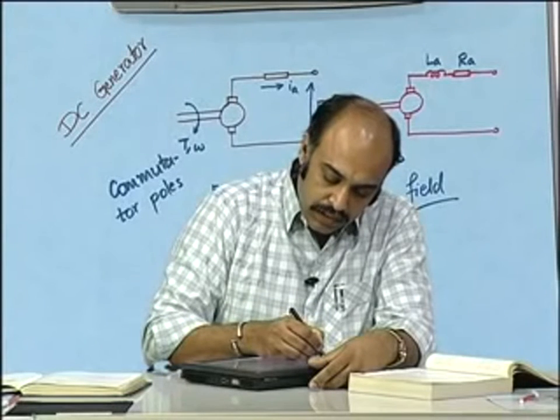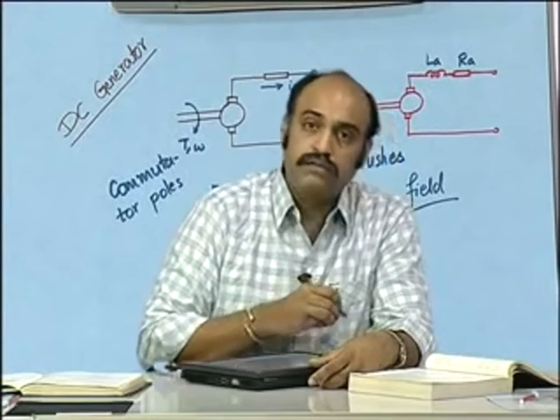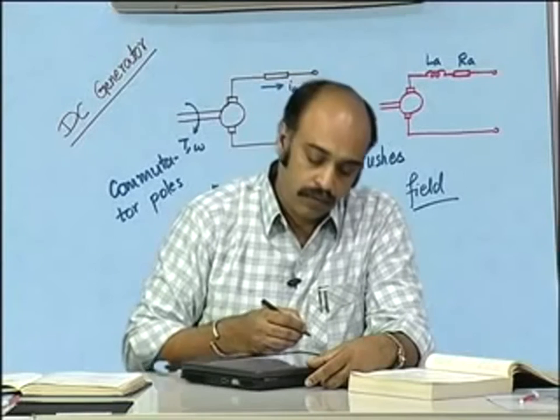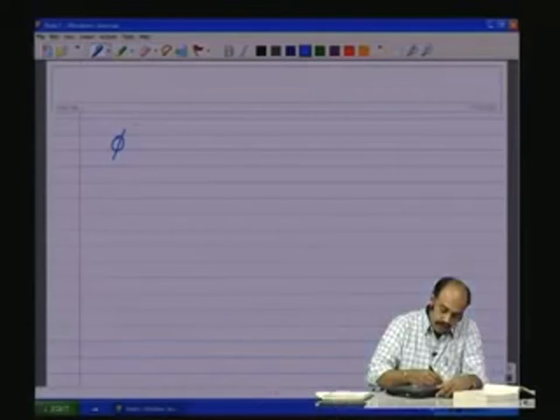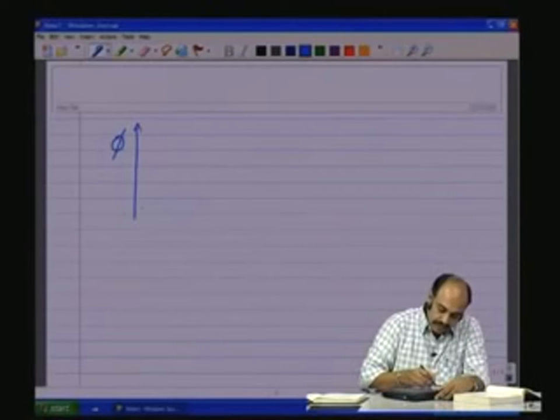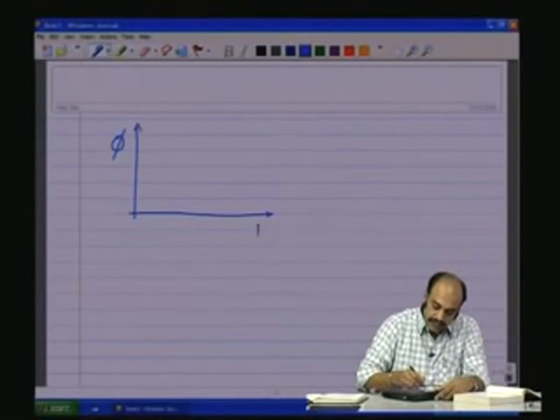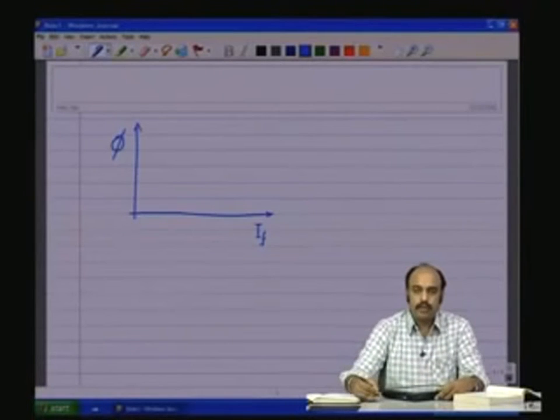the generation of the field, that is the flux, or the excitation, is a function of the field current that is provided.